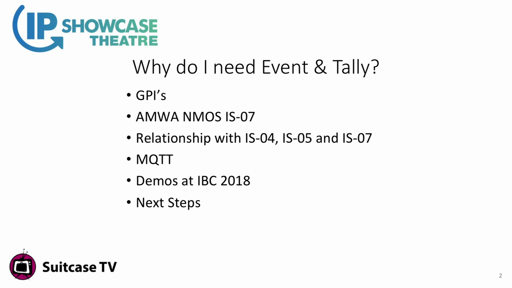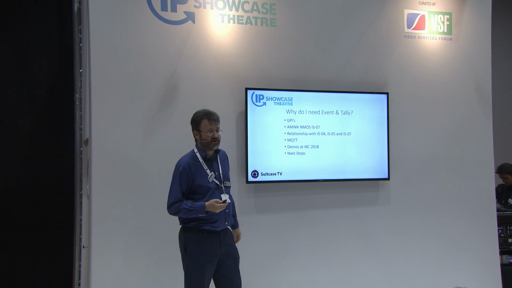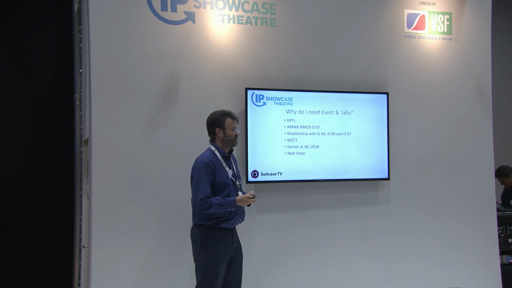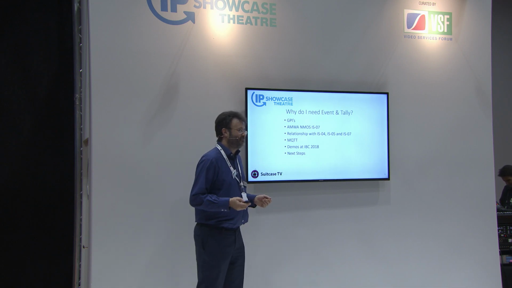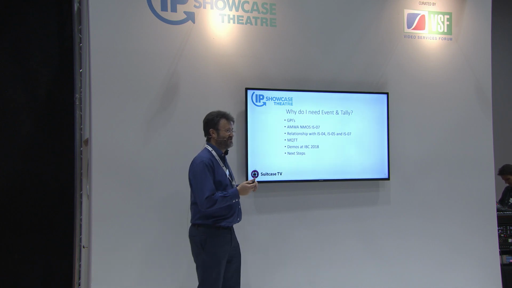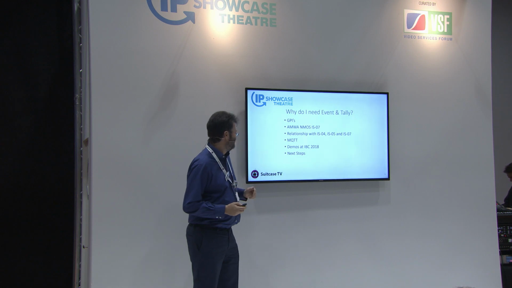So at the moment, AMWA NMOS IS-07 is a work in progress. It's been published on GitHub, and the goal is to try and get that approved sometime in October. I think Brad would like me to say sooner than that, but we'll get there.